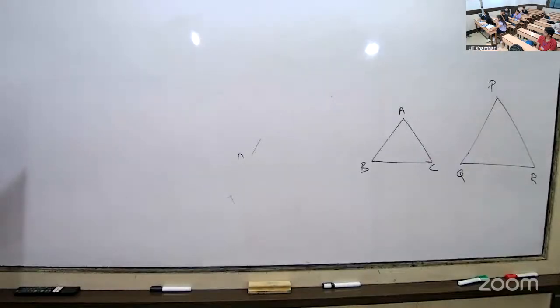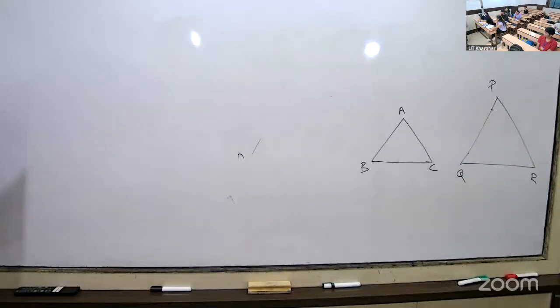Patil, to apply SSS similarity, what should be given in the question? We need to prove triangle ABC is similar to PQR by SSS similarity. What should be given? All ratios should be equal. I asked you what should be given, not what is given.